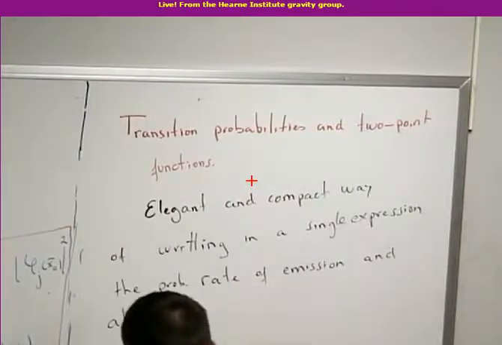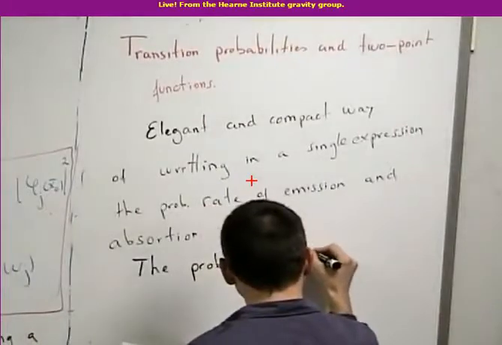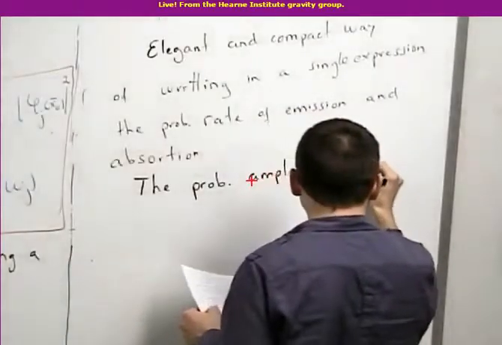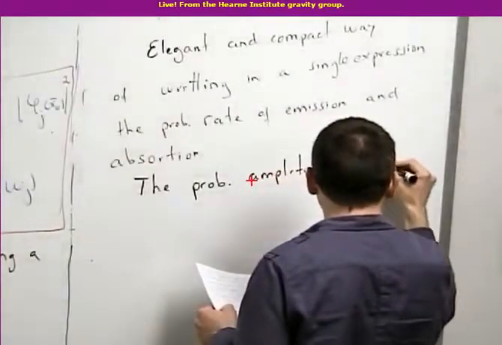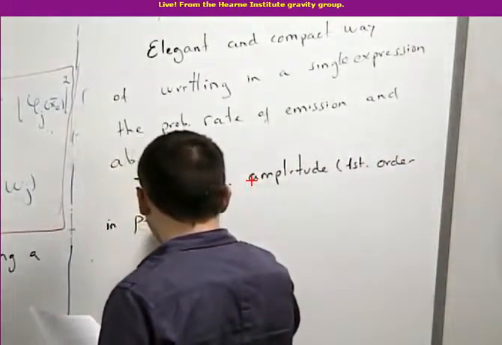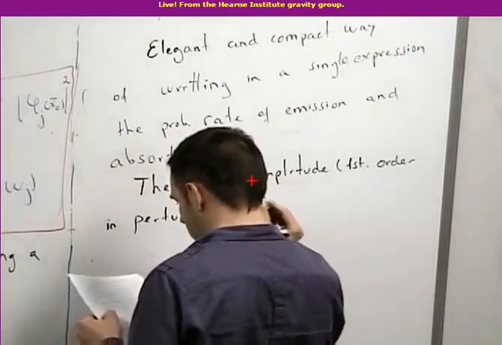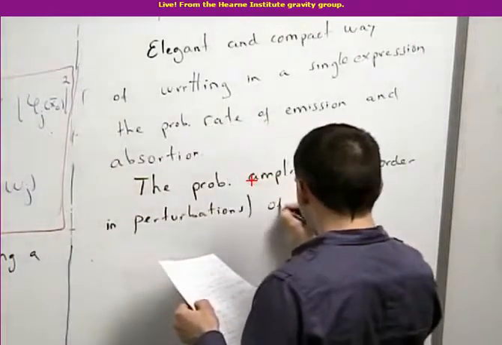So we know that the probability amplitude, all the time we are talking about first order in perturbations, of the transition.